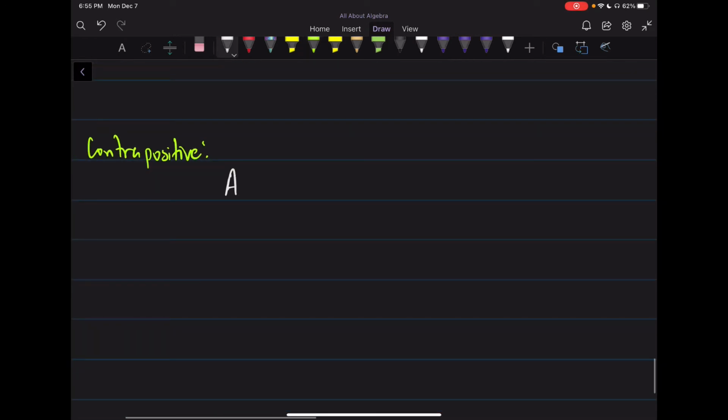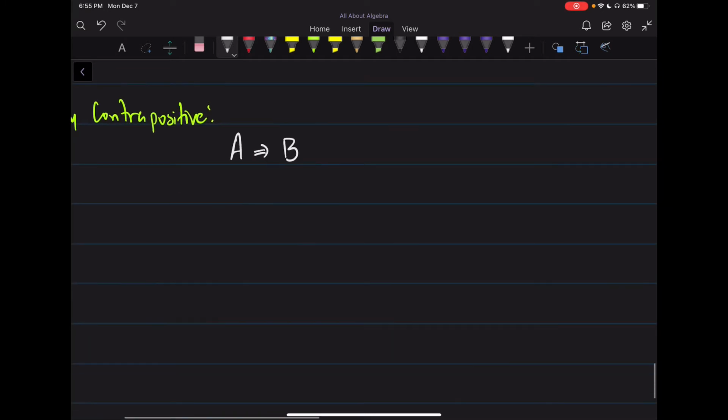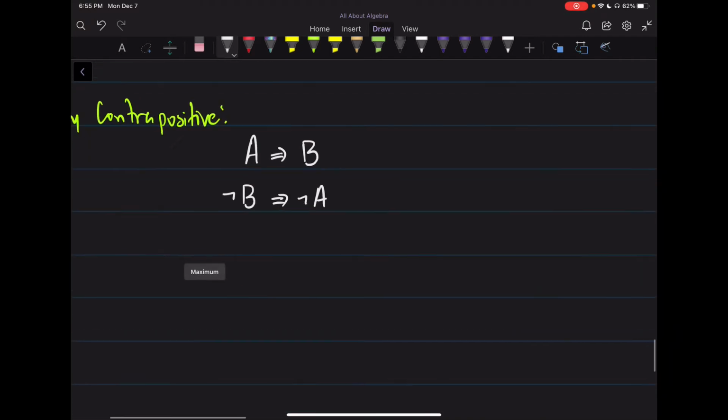And proof by contrapositive says that if we have A implies B, then we can write this as negation of B implies negation of A. And what does this exactly mean? Well, now we just have an implication.